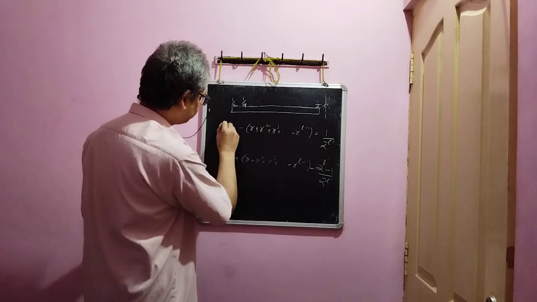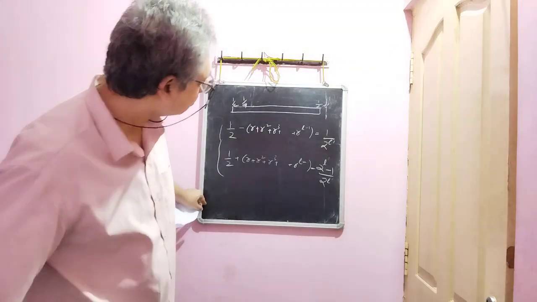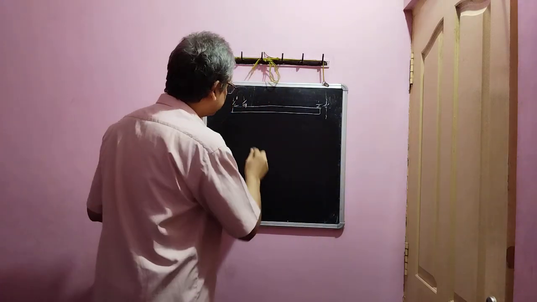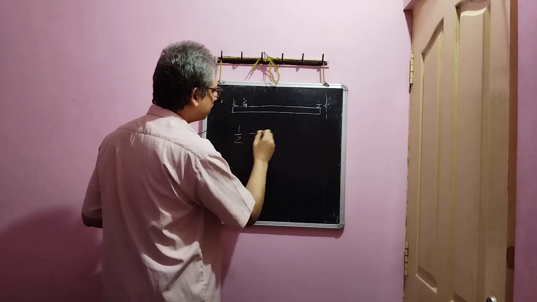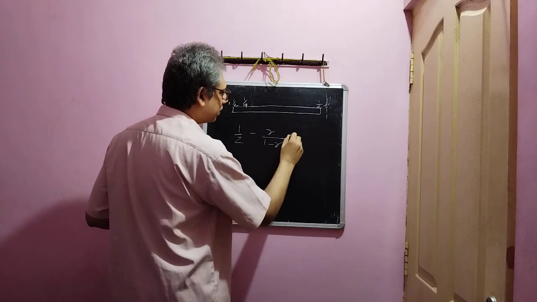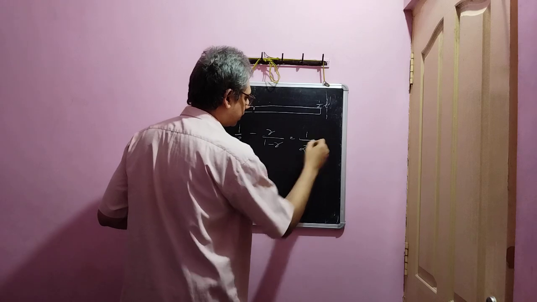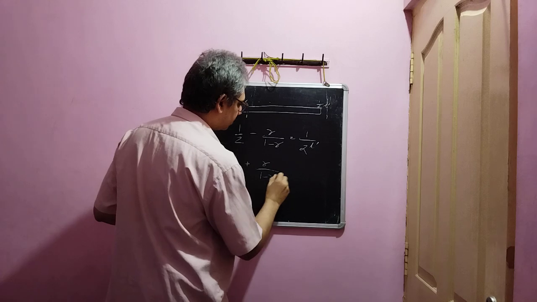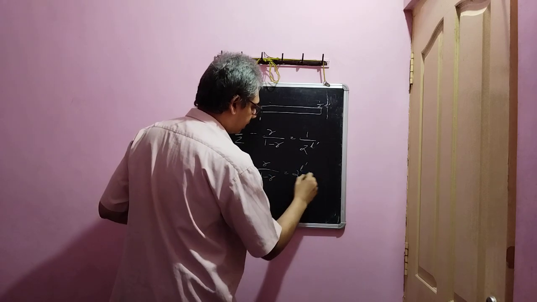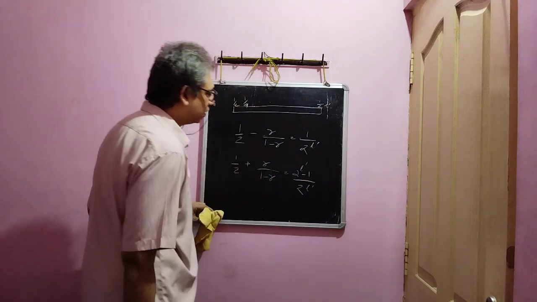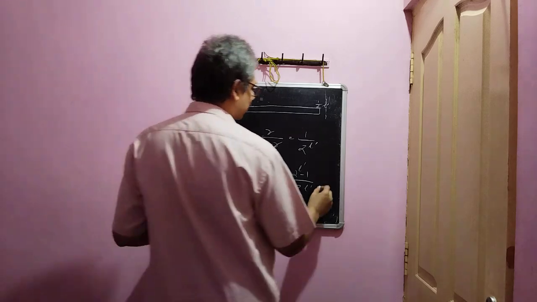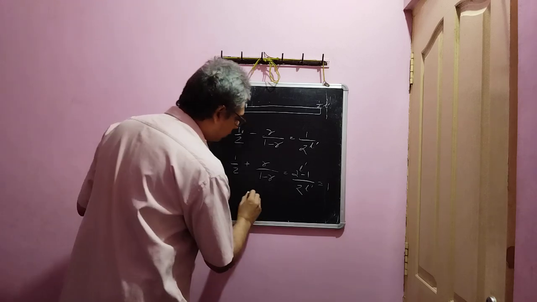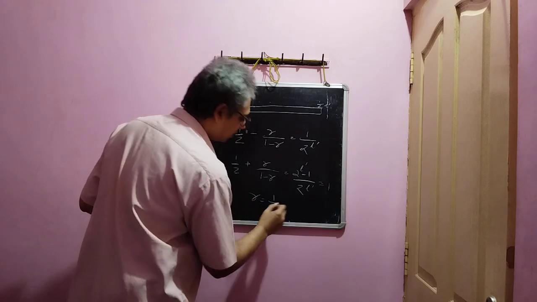In other words, we have to determine r such that half minus r by 1 minus r is equal to 1 by 2 power l dash, and half plus r by 1 minus r is equal to 2 power l dash minus 1 by 2 power l dash. You can approximate this one as 1. You can solve these two equations, and you will find that the value of r always comes out to be 1 by 3.